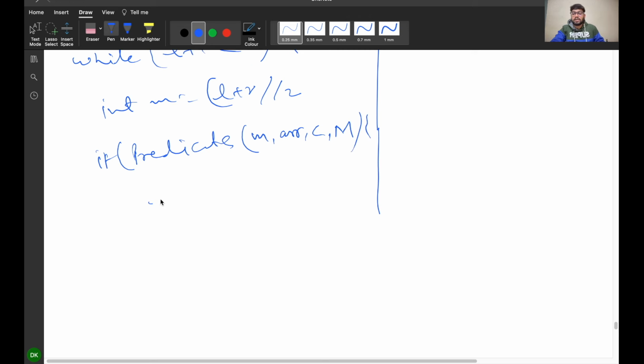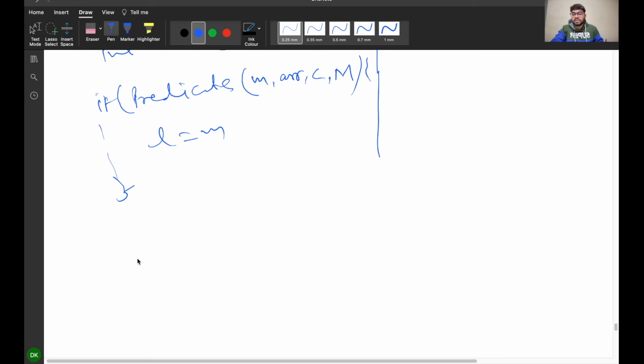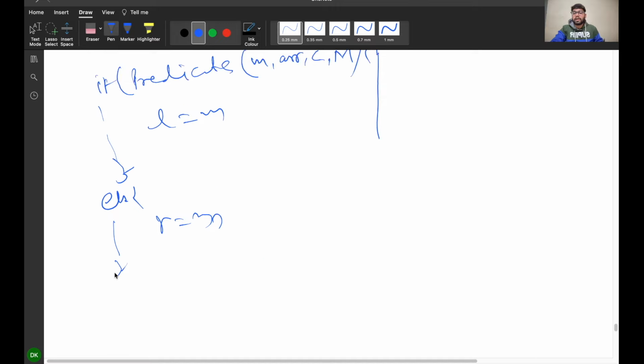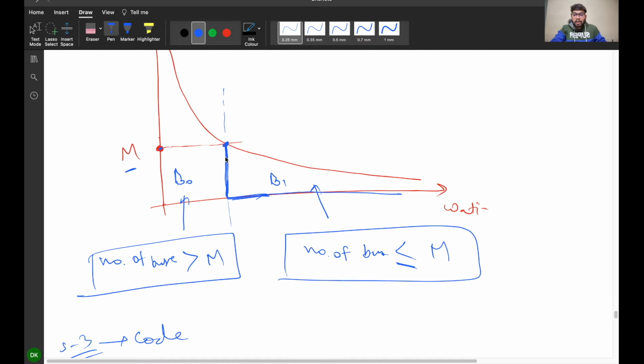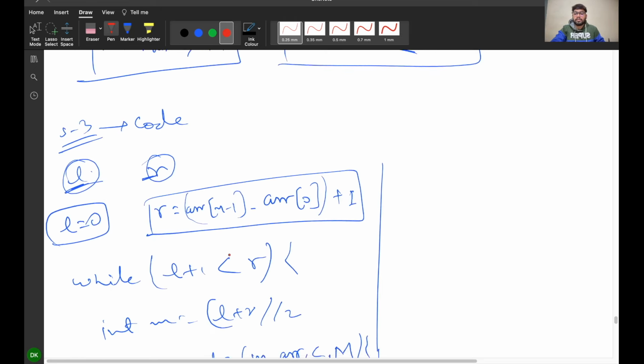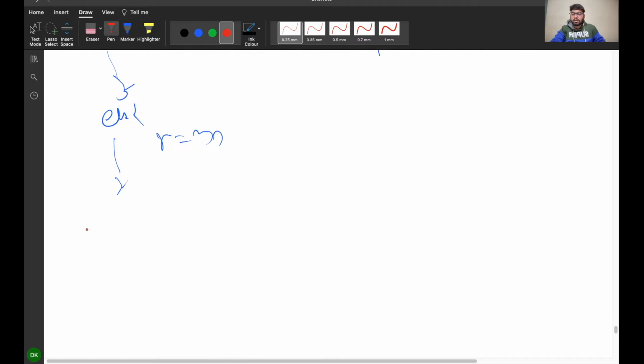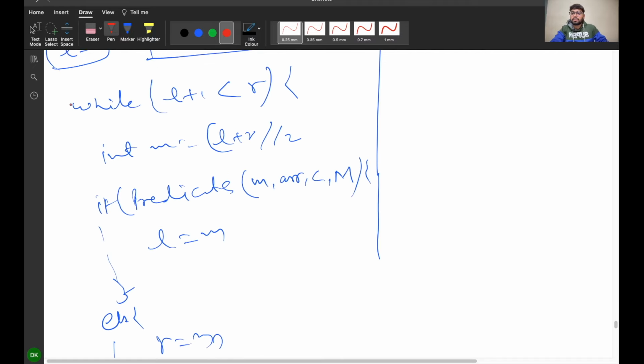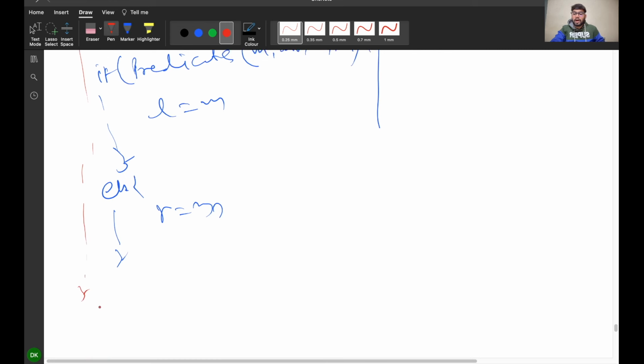If it is yes, then I update L equal to m for my B0 region, else I update R. I am including this m in the B1 region, so after processing, R should be here and L should be here, so I have to return R, that is the minimum. After processing the while loop, I print R.